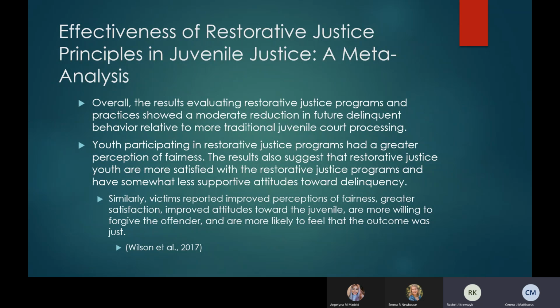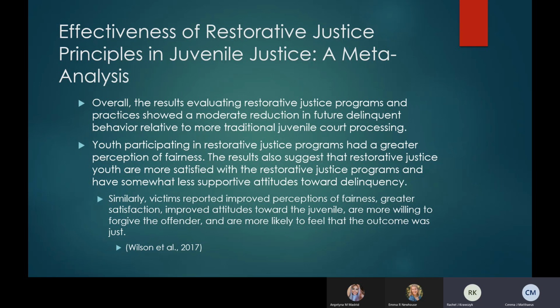The second source is Effectiveness of Restorative Justice Principles in Juvenile Practice: A Meta-Analysis. Overall, the results evaluating restorative justice programs and practices showed a moderate reduction in future delinquent behavior relative to more traditional juvenile court processings. Youth participating in restorative justice programs had a greater perception of fairness.